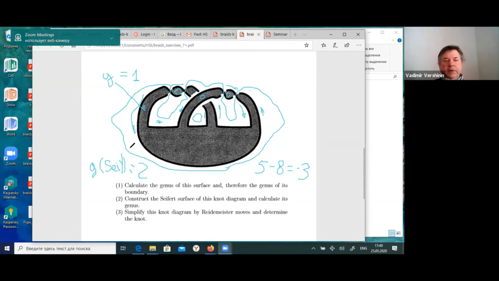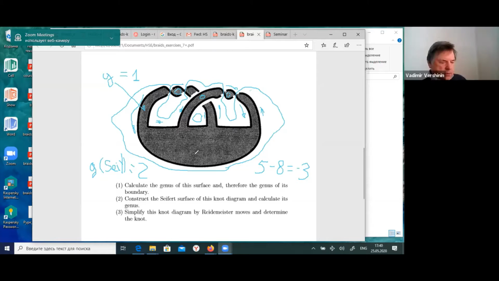So that's why in the definition of genus, you should consider all surfaces, not necessarily the Seifert surface which comes from one special diagram of the knot, right? Okay.